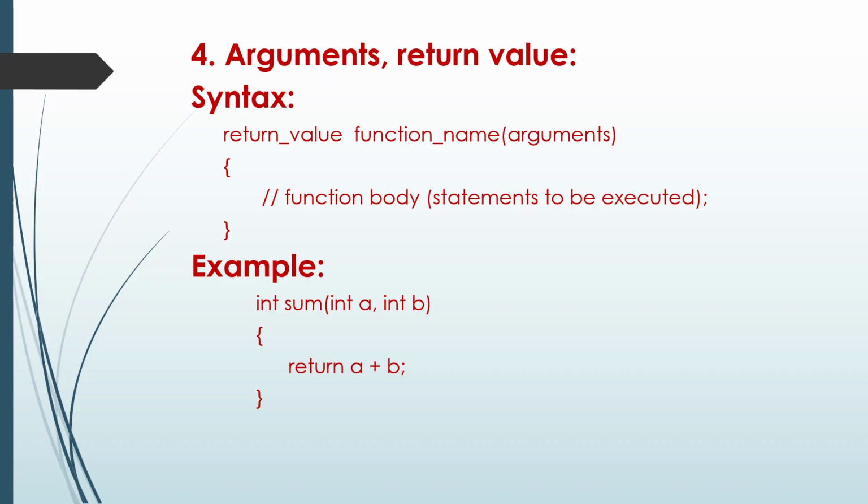In the place of return type we use integer type and the function name is sum, and we have two parameters here, int a comma int b. Within the function we add these two parameters, and when we call the function, it returns the value by adding a plus b.